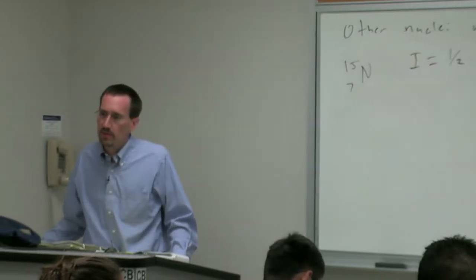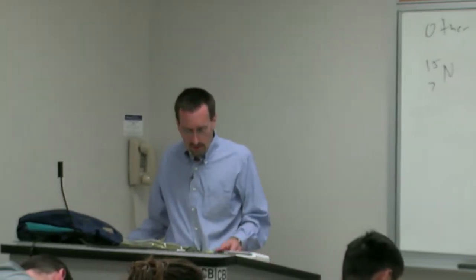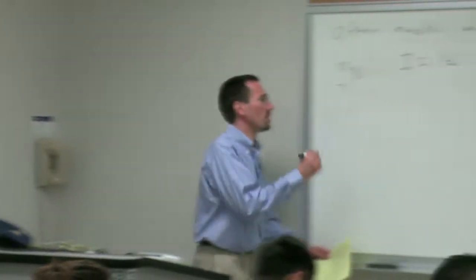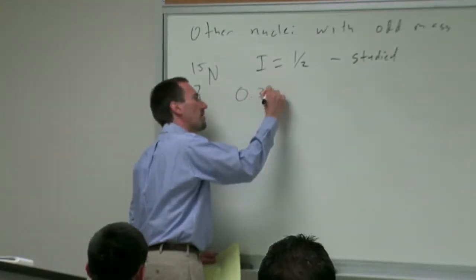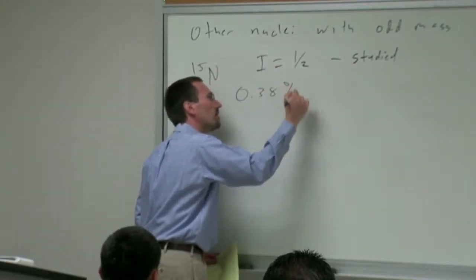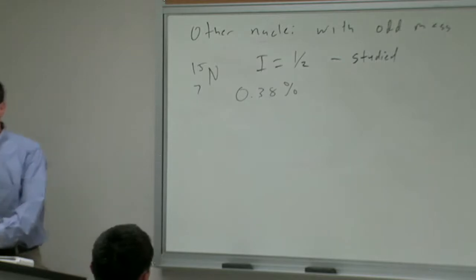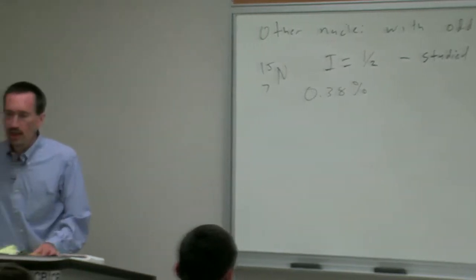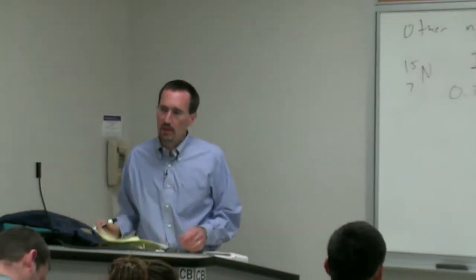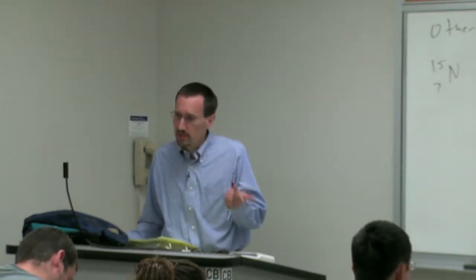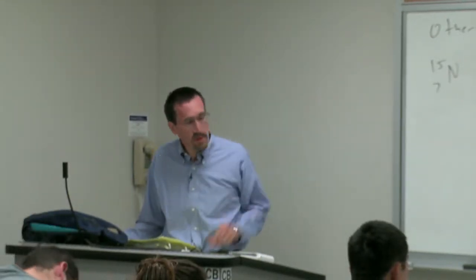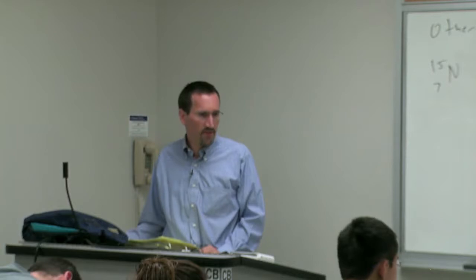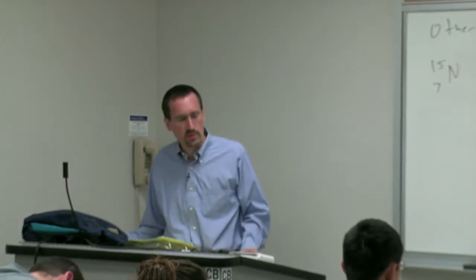We talked about this when we talked about mass spectrometry. We said that the natural abundance of N15 is 0.38%. And that's really, really low. Isotopic abundance of C13, spin active, is 1.1%.